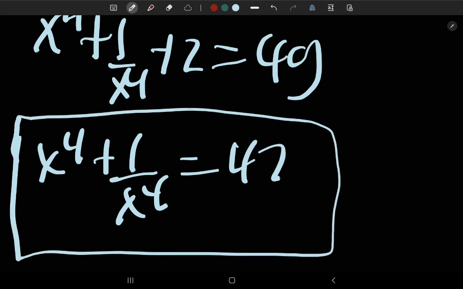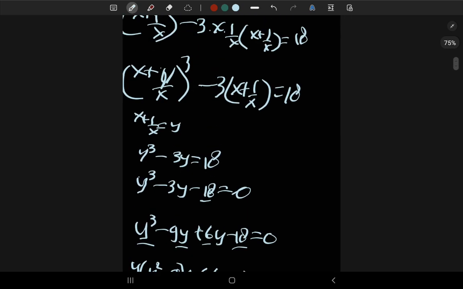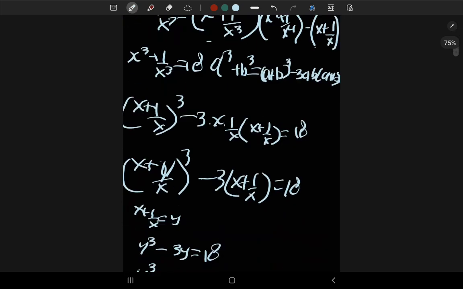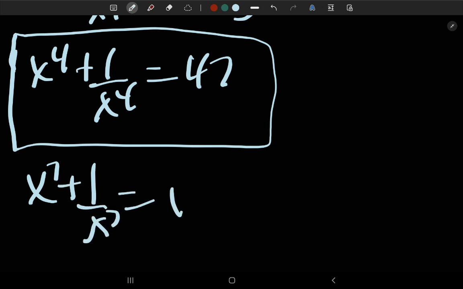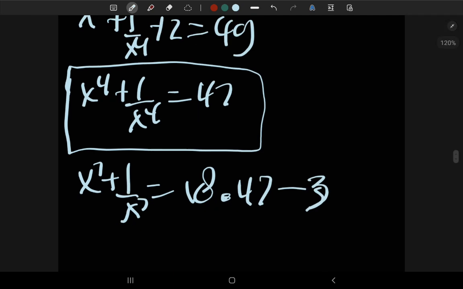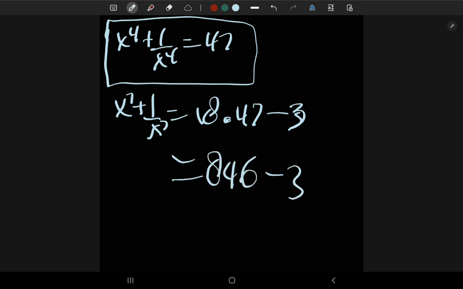Now we found the values that we need. Let's substitute them back into the original expression. So x to the 7 plus 1 over x to the 7 is equal to 18 times 47 minus 3, which is 846 minus 3.